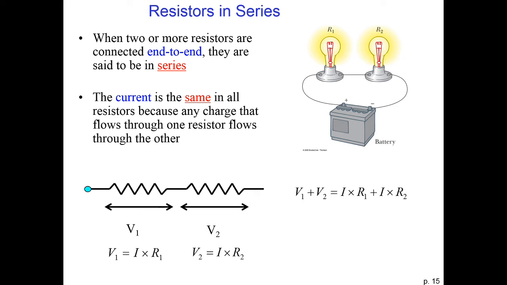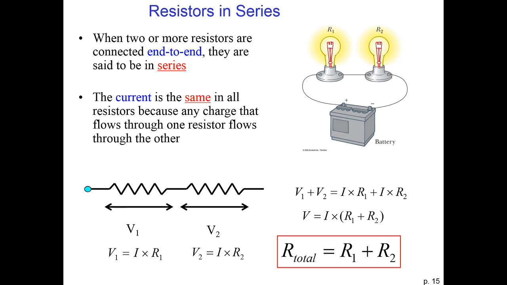So the total voltage is the voltage of 1 plus the voltage of 2, and that is the current times R1 plus the current times R2. So we can rearrange this to be V total is the current times, in parentheses, R1 plus R2. So the effective resistance is the sum of the two resistances, R1 plus R2.